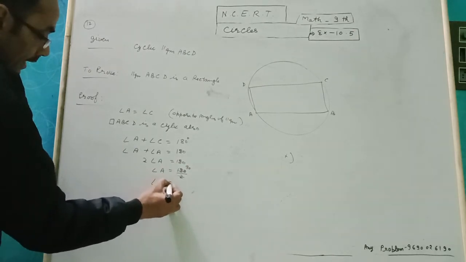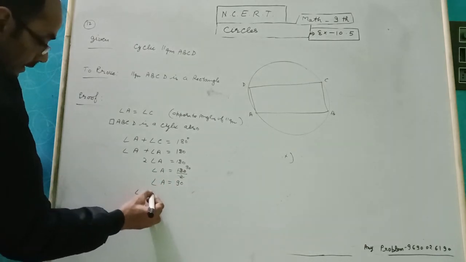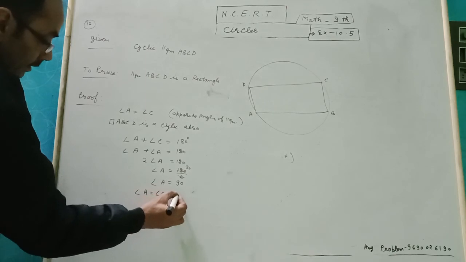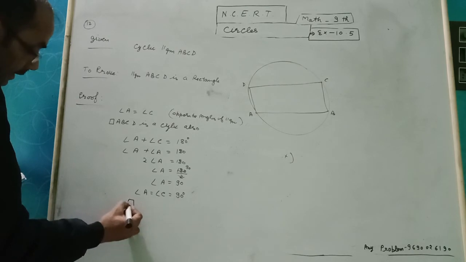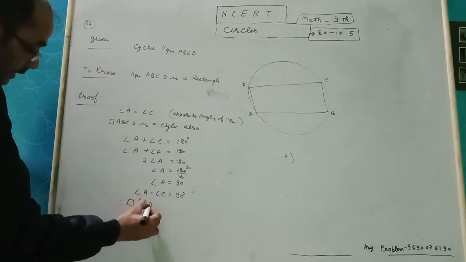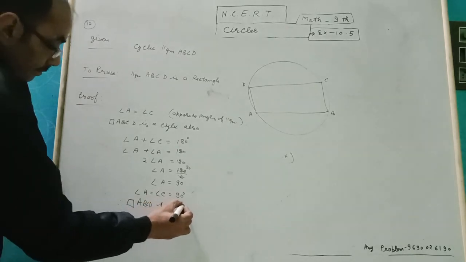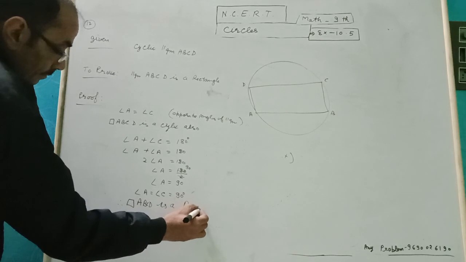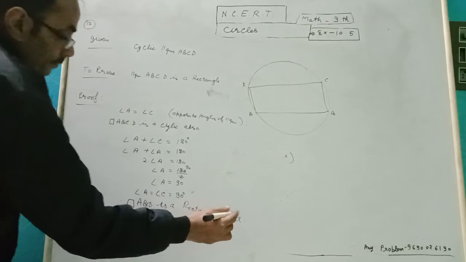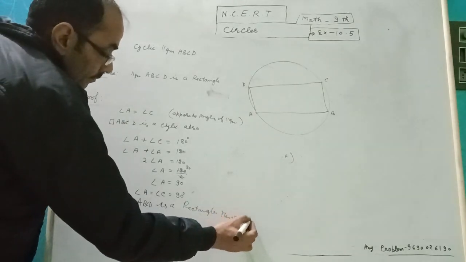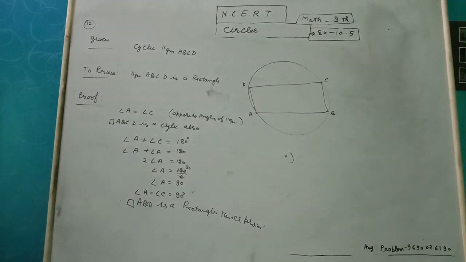Angle A is 90, and angle C is equal to 90. That is, ABCD is a rectangle. Hence proved. Exercise 10.5 is complete. Thank you.